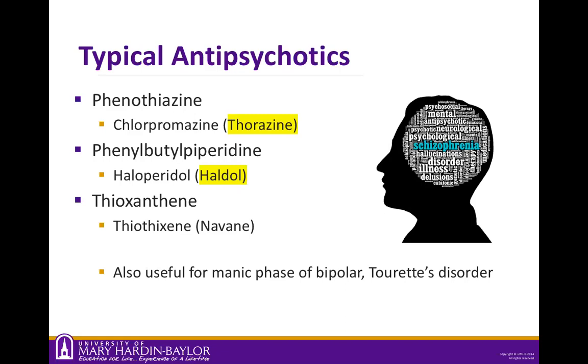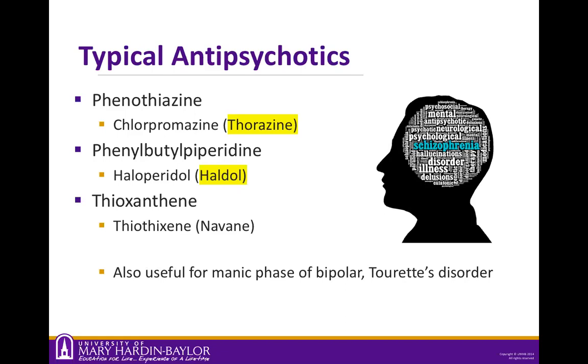The first component, the type of drug, is a phenothiazine, which is chlorpromazine, which is Thorazine, the most common one we've seen in use for years and decades. And then the others are Haldol and Navane. They're not used as commonly as they used to be, because of all those side effects. The side effects are the same for both typical and atypical. However, they are much more pronounced in the typical.